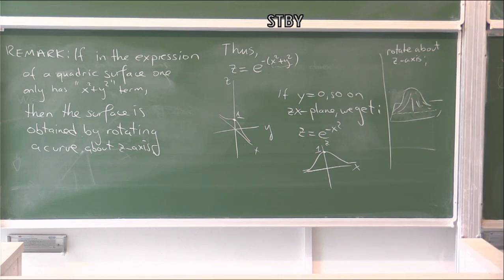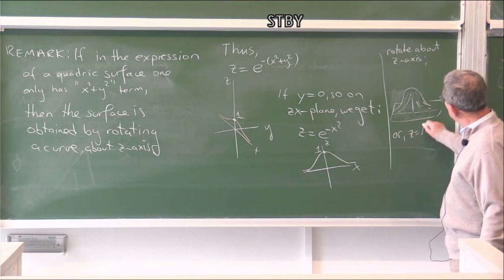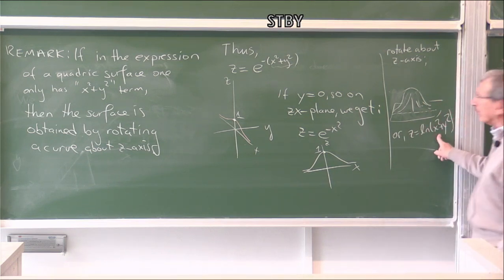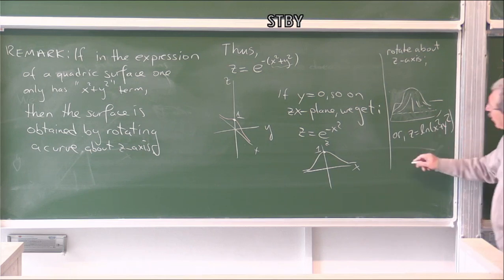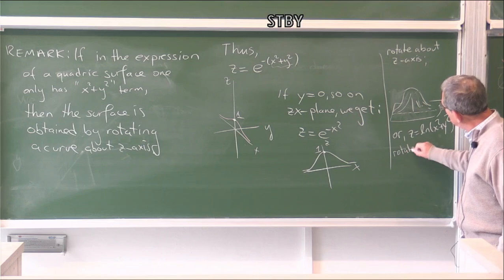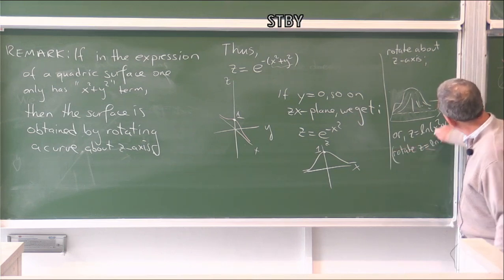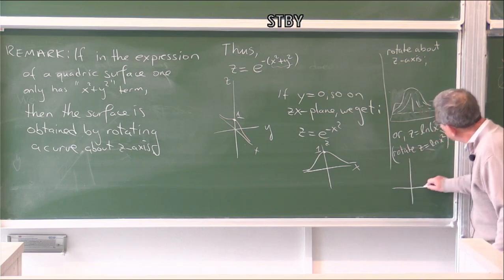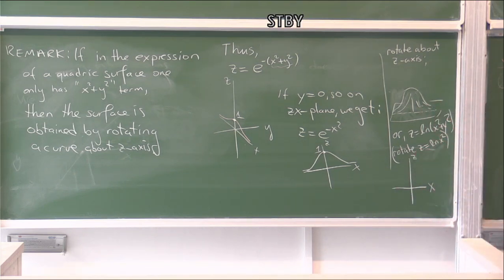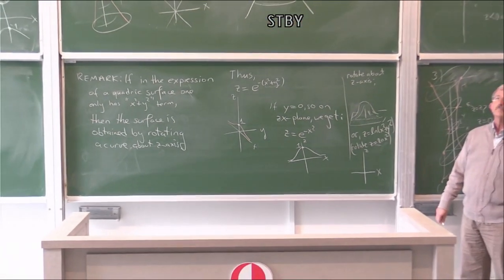Or say z is logarithm of x squared plus y squared. Again, it's a rotated surface, so you only have to rotate z is logarithm x squared, which, of course, is 2 times logarithm x, if x is positive.